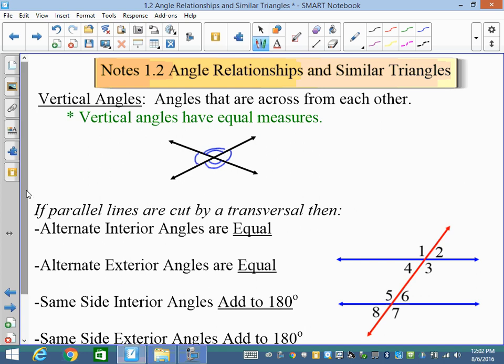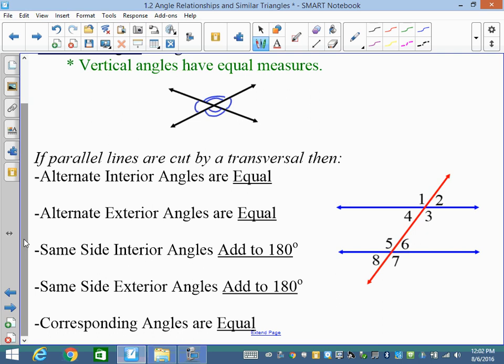So if parallel lines are cut by a transversal, again, this is stuff that you would learn way back in geometry, then alternate interior angles are equal. Our alternate interior angles are going to be on the inside, but they're going to alternate over this transversal. So your red line here is your transversal, and this here is going to be your parallel lines.